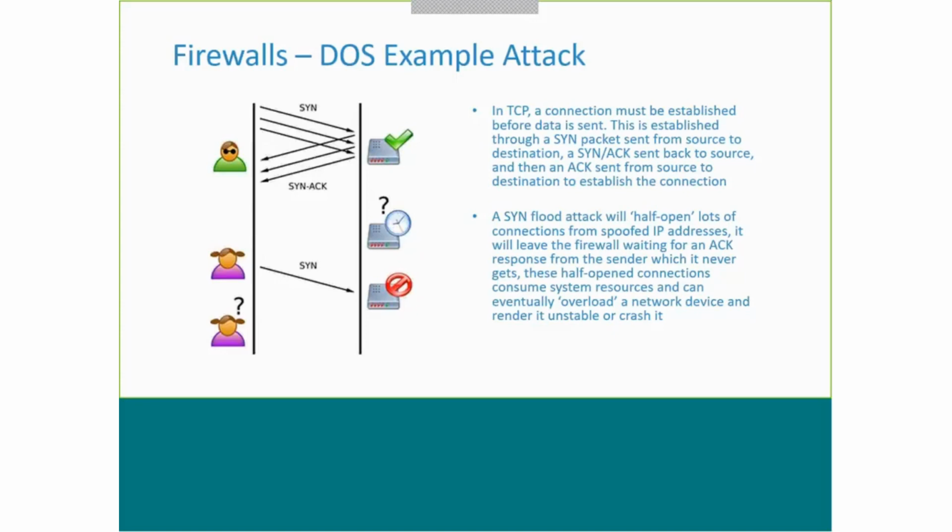The more of these that we throw at this device, there will eventually come a point where the memory has been consumed and the maximum number of connections has been reached. The user on the bottom left sent the SYN packet and got nothing back. That's a common denial of service type attack, and that can happen in a LAN, it can happen over the internet as well.